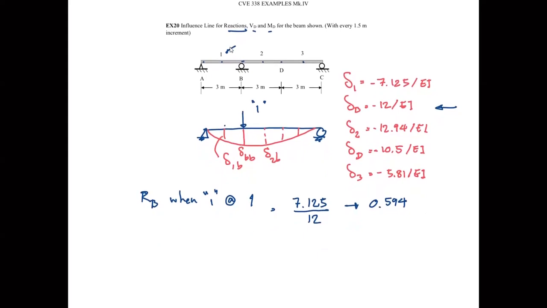So that is the value of RB when the unit load is at 1. I can repeat this for RB when the unit load is at B. From previous knowledge, when the load is on top of the support itself, it's 12 by 12, so that's one.